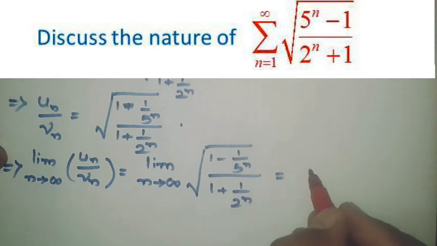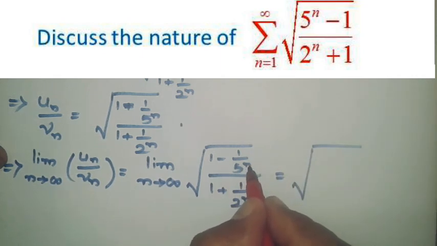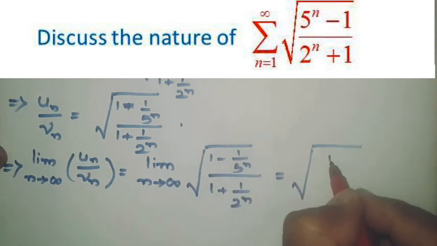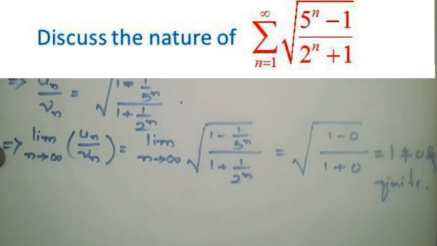Now when we substitute n equal to infinity here, 5 to the power of infinity is infinity, 1 by infinity is 0. So it is 1 minus 0 in the numerator divided by 1 plus 1 by 2 to the power of infinity, which is again 1 by infinity, 0. So it is 1 plus 0. So it is root of 1 by 1 is 1. So 1 is a non-zero and finite value.